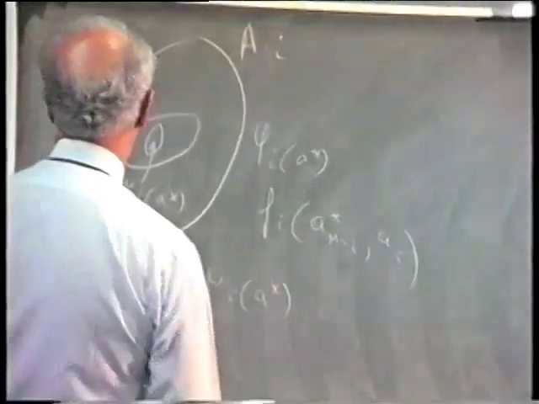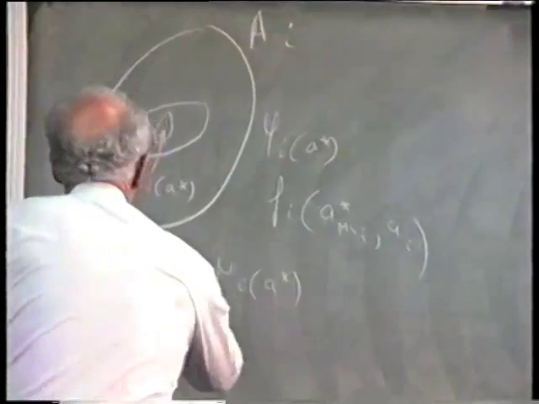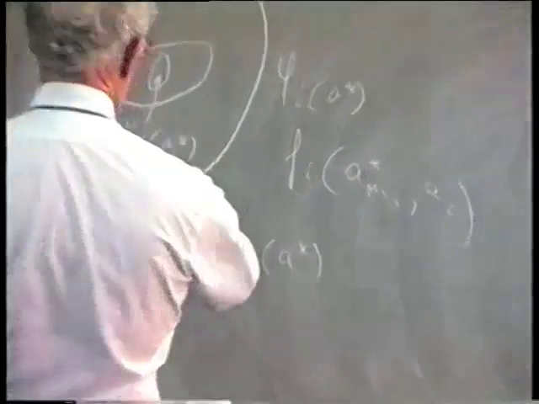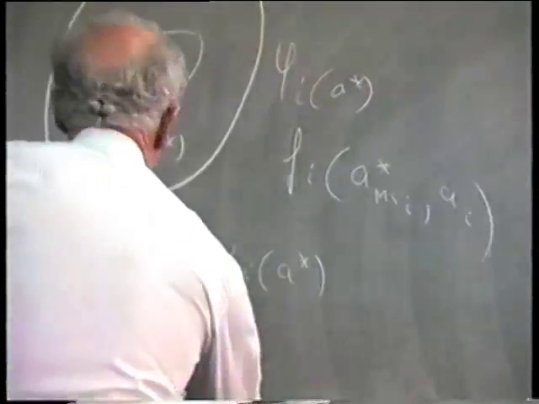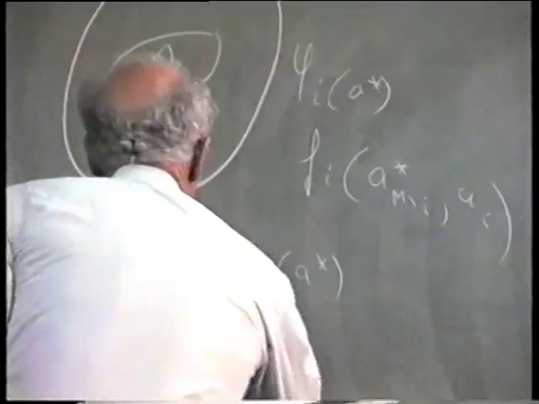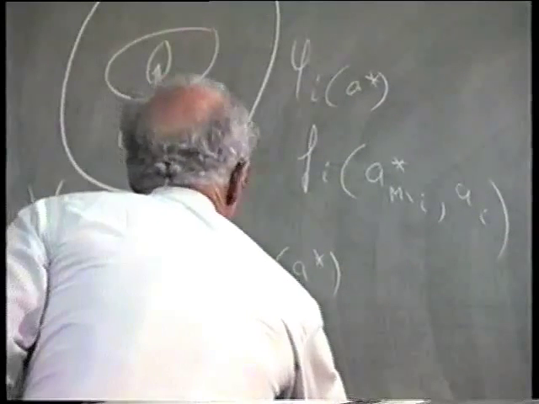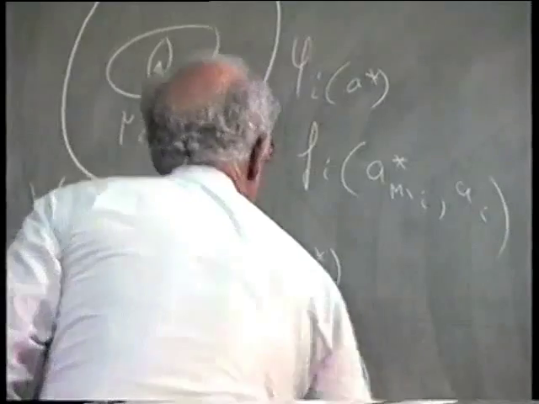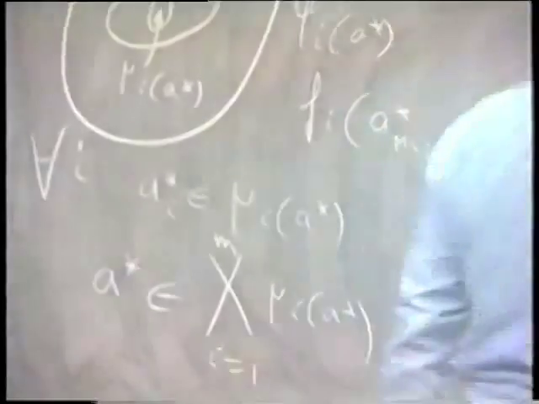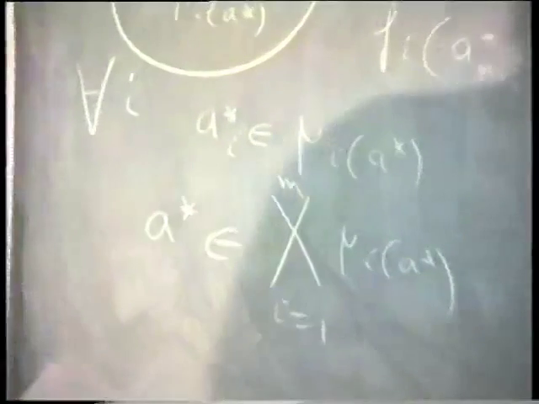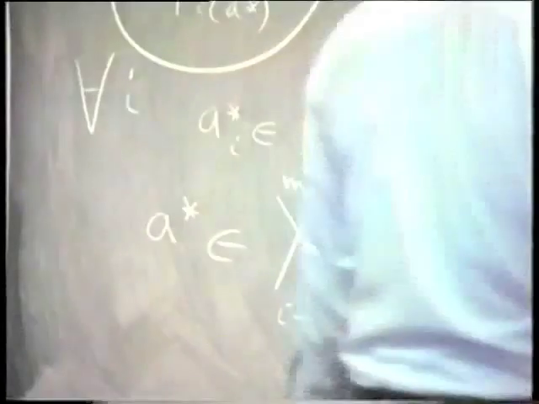And consequently, this can be expressed in the following manner. The point A star, which is the list of A1 star, A2 star, etc., must belong to the Cartesian product from 1 to m of mu I of A star. And this can be symbolically represented as follows. Suppose that you have only two agents, and if you had m, the symbolism would be the same.